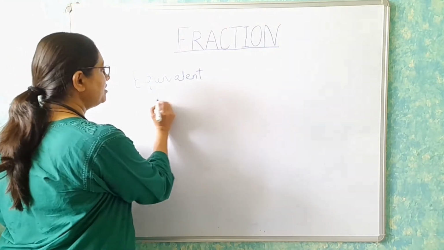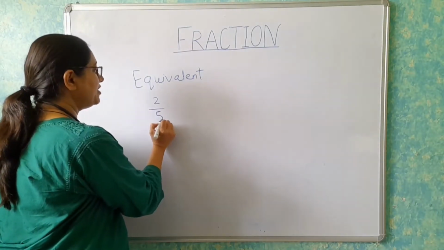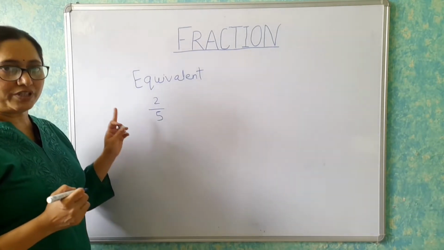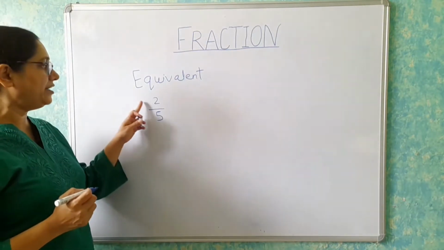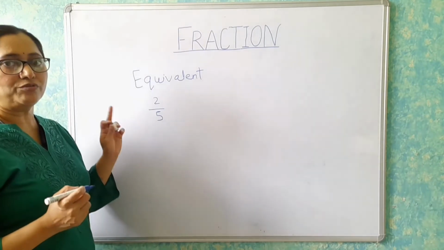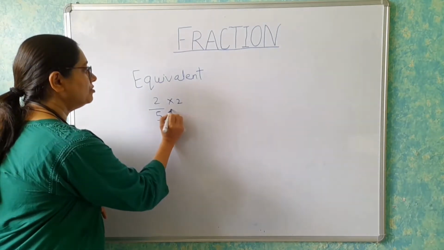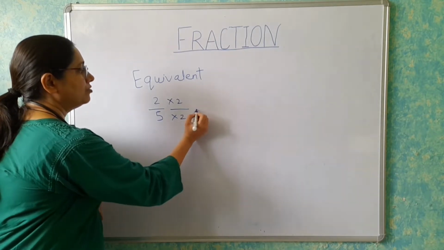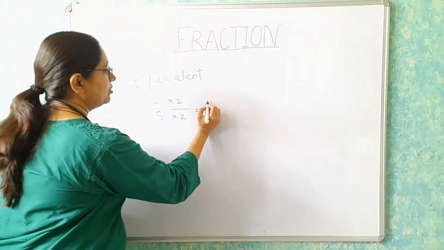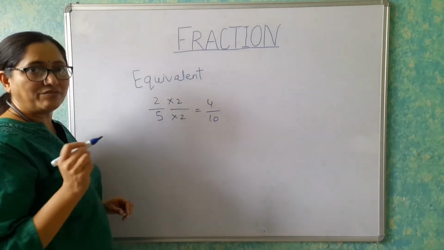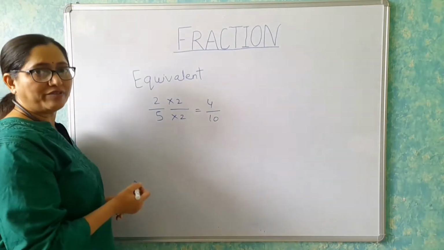Suppose I am having a fraction 2 by 5 and now if I am multiplying 2 by 5 with 2, I have to multiply 2 and 5 both with the same number. So I will multiply 2 with 2 and 5 with 2 and then I will get 4 by 10. So 4 by 10 is an equivalent fraction of 2 by 5.